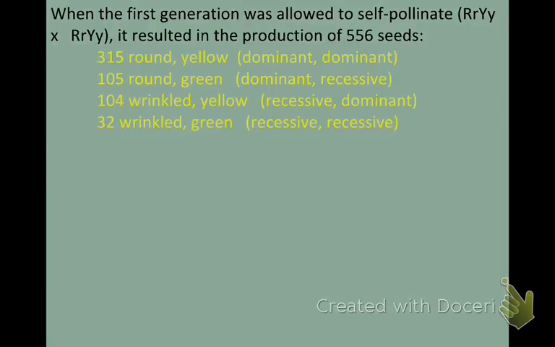So when the first generation, which is our hybrids, was allowed to self-pollinate, it resulted in the production of 556 seeds. Out of those seeds, he found that 315 were round and yellow, 105 were round and green, 104 were wrinkled and yellow, and 32 were wrinkled and green.